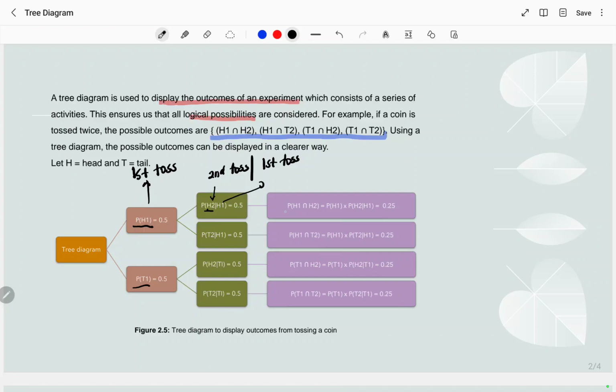To find the probability, we simply apply the multiplicative rule, considering the intersection between H1 and H2. We can do this for all the possible outcomes, which have the same probability because the probability of head and tail are equal for every observation.